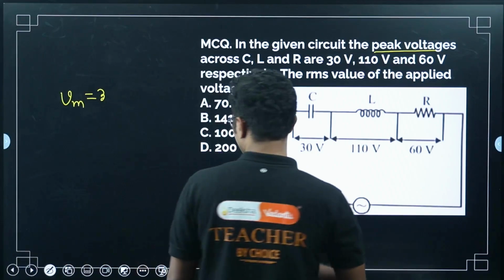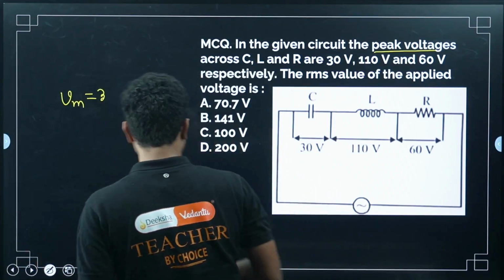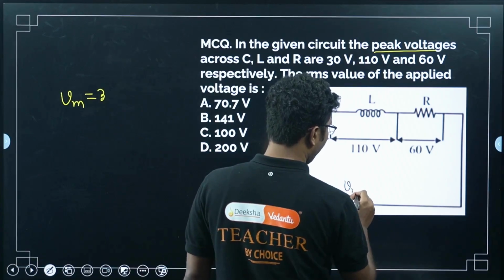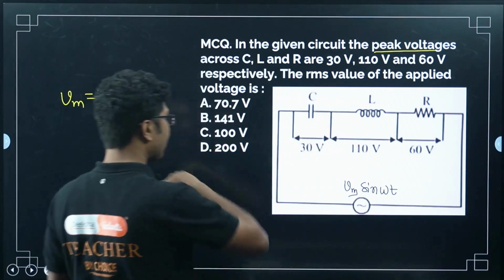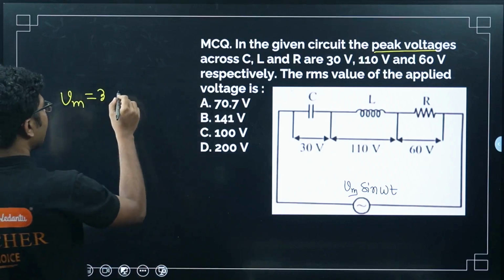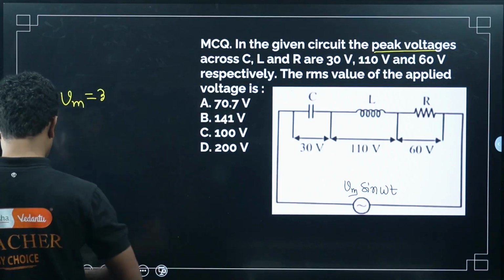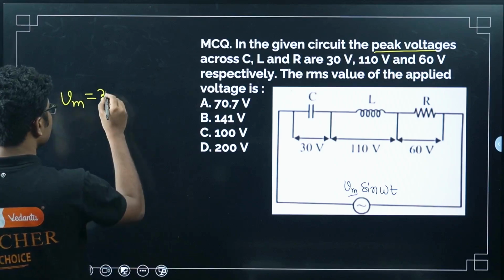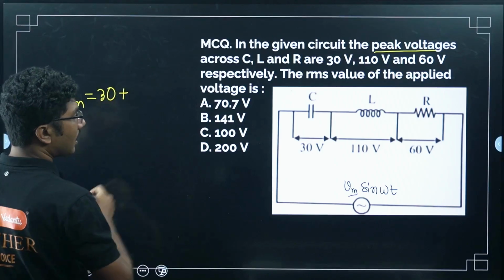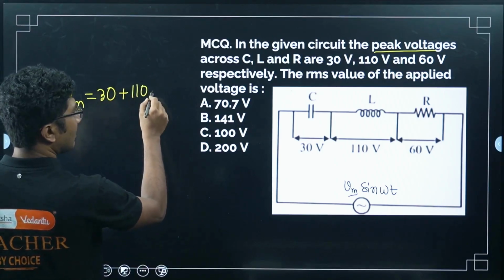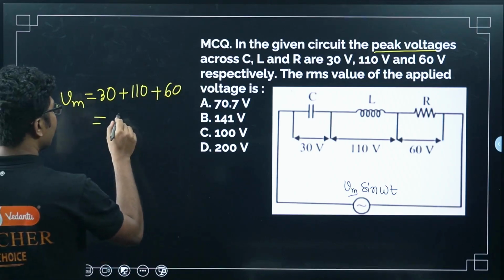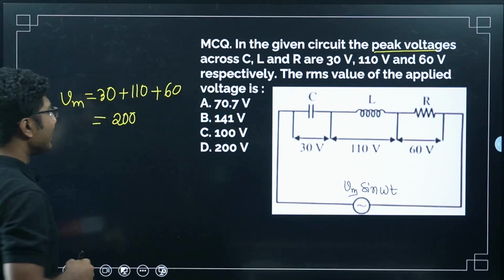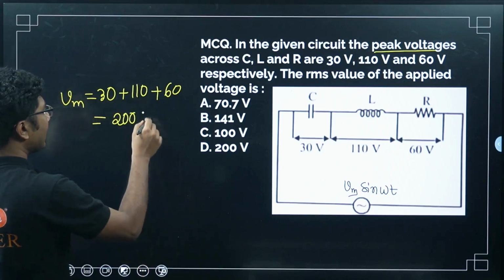Suppose the input voltage is Vm sin omega t. I am just trying to calculate the Vm. It is 30 plus 110 plus 60, so it will be 200. 200 volt is the peak value, right?